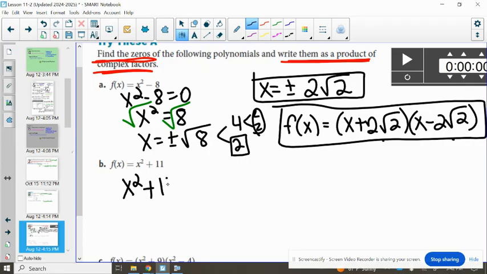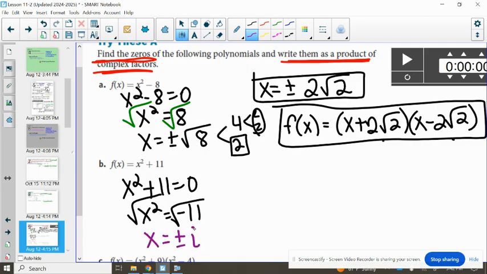Letter B, however, if we set that equal to 0 and start solving, we end up taking the square root of a negative number this time. So this time we need that positive or negative. The i is going to move out because we took a square root of a negative here, and we are left with the square root of 11 that does not break down like our example up above did.